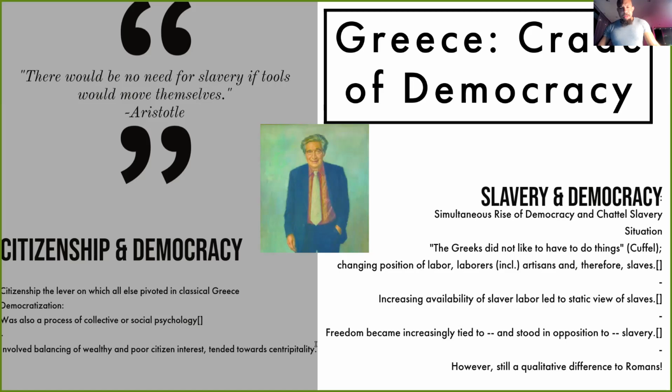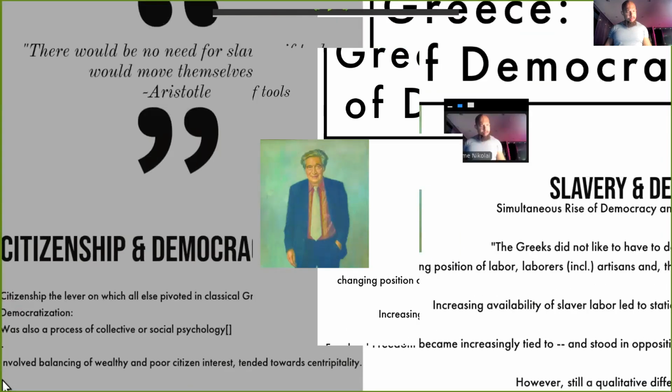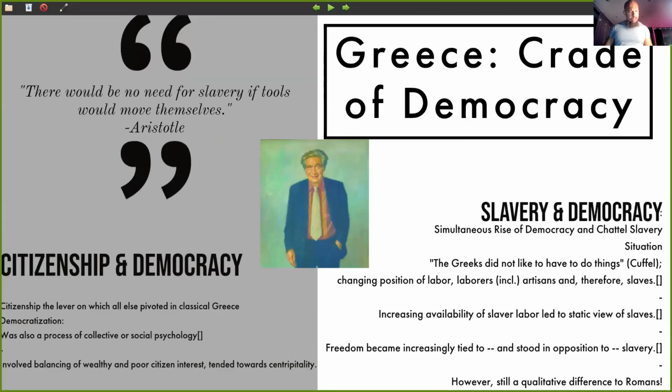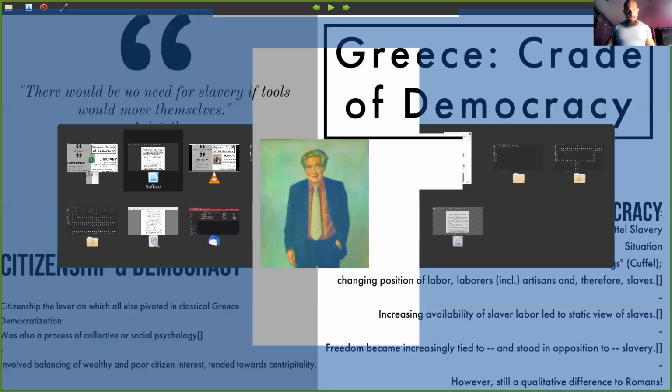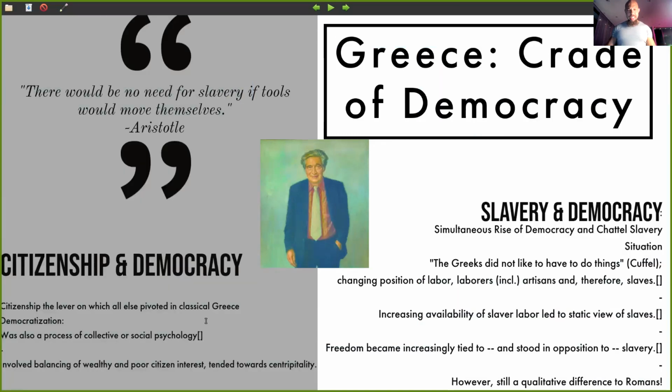It involved a remarkable transformation in the thought of the traditional polis dweller himself. It also involved a balancing of wealthy and poor citizen interest, and it tended towards centrality.